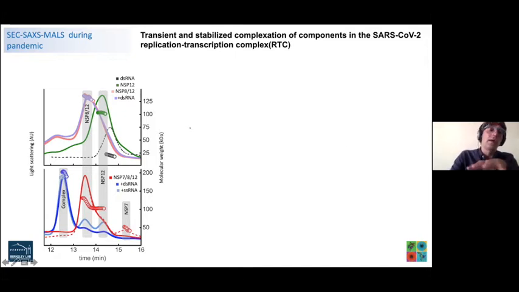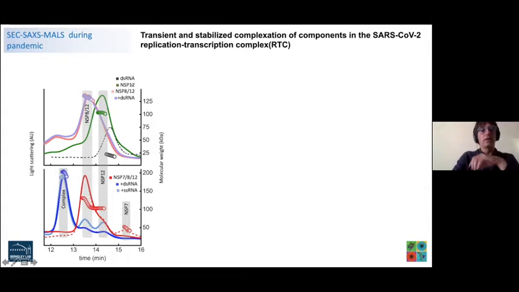And this is one of the examples where we collect the SARS-CoV-2 replication complex with different RNAs and different components. As you may know, it's not only about the spike, but it's also about how SARS-CoV-2 is replicated. And that's using polymerase, NSP12, non-structural protein 12, and we have lots of cofactors, 8 and 7.